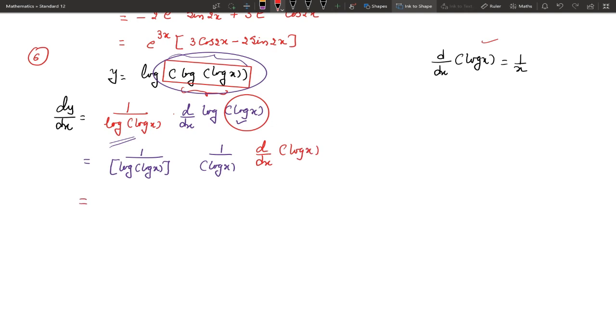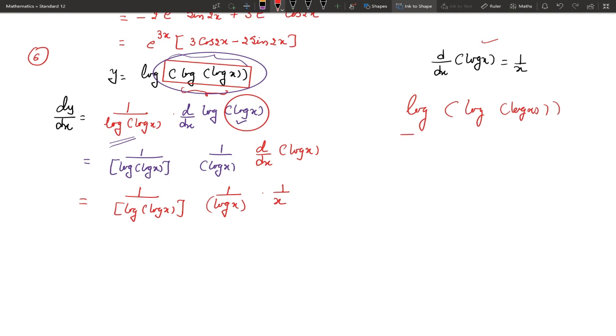So final answer is 1 upon log of log x, 1 upon log x, d by dx of log x, 1 upon x. So whenever you have log of log x, you start from outside, first derivative of this, and you have to go inside using chain rule.